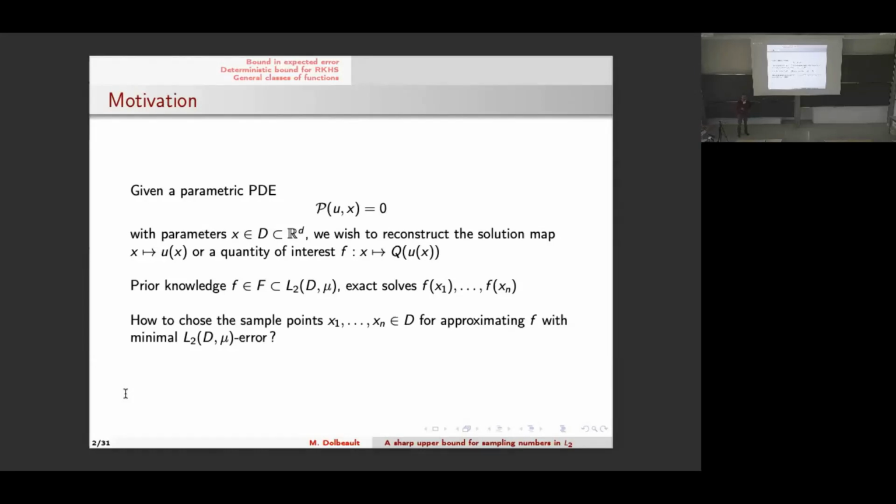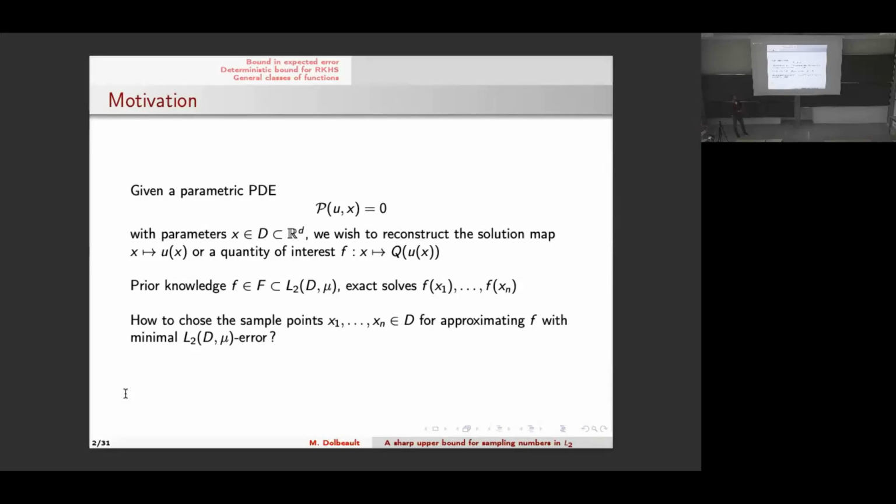And then, starting from that, I want to reconstruct a function f on the whole domain D. The point of doing that is that if I have to compute the solution for a large number of parameter sets, I will use my approximation of f, which is much faster to compute than the exact solver.